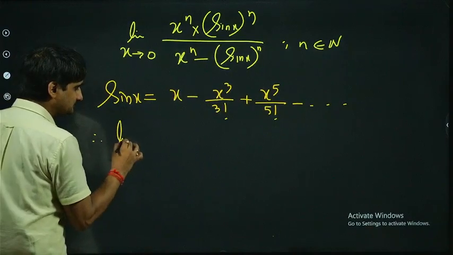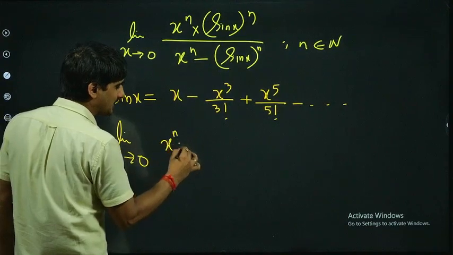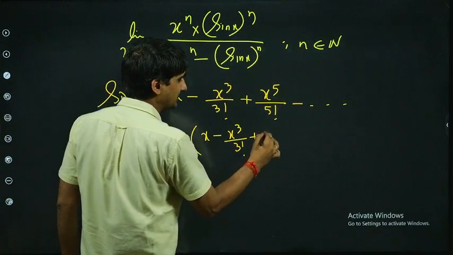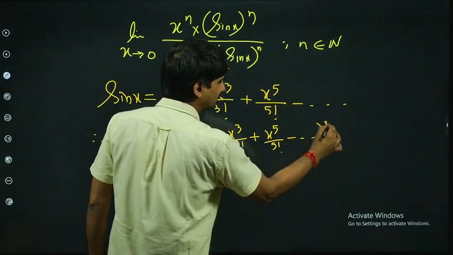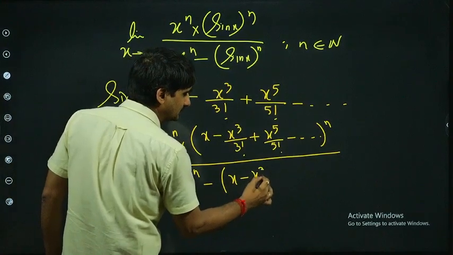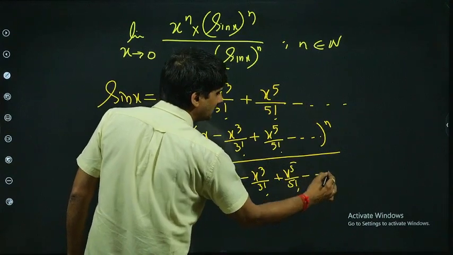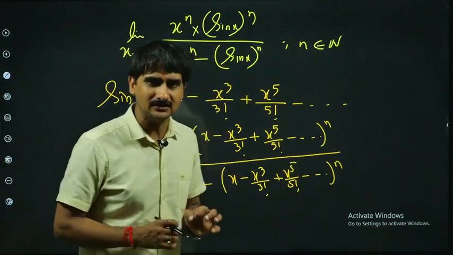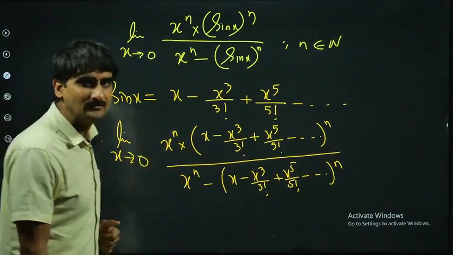So therefore, limit as x tends to 0, x^n into (x minus x cubed by 3 factorial plus x to the power 5 by 5 factorial) whole raised to the power n, over x^n minus (x minus x cubed by 3 factorial plus x to the power 5 by 5 factorial) whole raised to the power n. Simplifying the numerator is quite simple, but for the denominator what are we going to do?